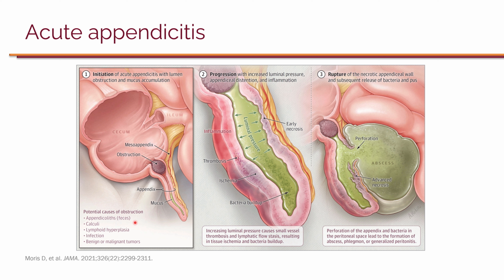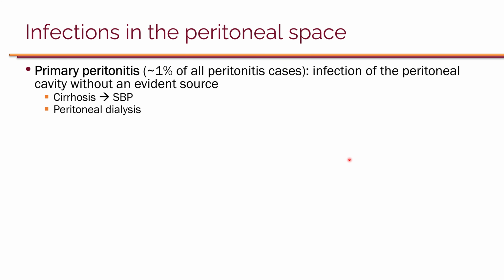The most common cause would be fecal matter getting stuck here, but other things can also lead to obstruction. Once that happens, the pressure will build up inside the appendix, and this can happen pretty quickly. That can lead to inflammation, and potentially to necrosis of the tissue and perforation. As perforation happens, that's when you have a complicated intra-abdominal infection. So this becomes a medical emergency.